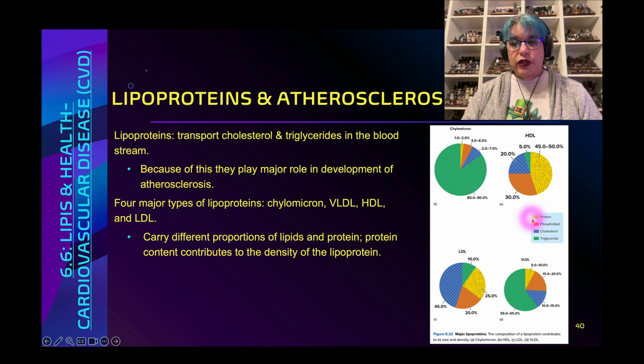So a chylomicron, if you look here, I've got protein in yellow, phospholipid in kind of an orange, cholesterol in blue, and triglycerides in green. A chylomicron is primarily lipid. The protein is only 1 to 2% of the whole mass of a chylomicron. So, push comes to shove, this is a lot of fat. My low density lipoprotein, I've got about 25% of a protein and the rest is lipid. Very low density lipoprotein, I've only got 5 to 10% protein and the rest is lipid, whether phospholipid, cholesterol, triglycerides.